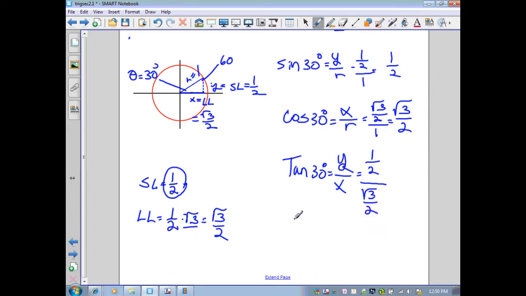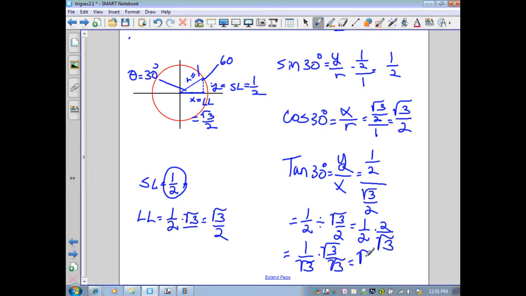When I simplify, this gives me 1/2 divided by the square root of 3 over 2, which equals 1/2 times 2 over the square root of 3, which equals 1 over the square root of 3, which I need to rationalize by multiplying by the square root of 3 over 3, which gives me the square root of 3 over the square root of 3 times the square root of 3, which is the square root of 9, which is 3.